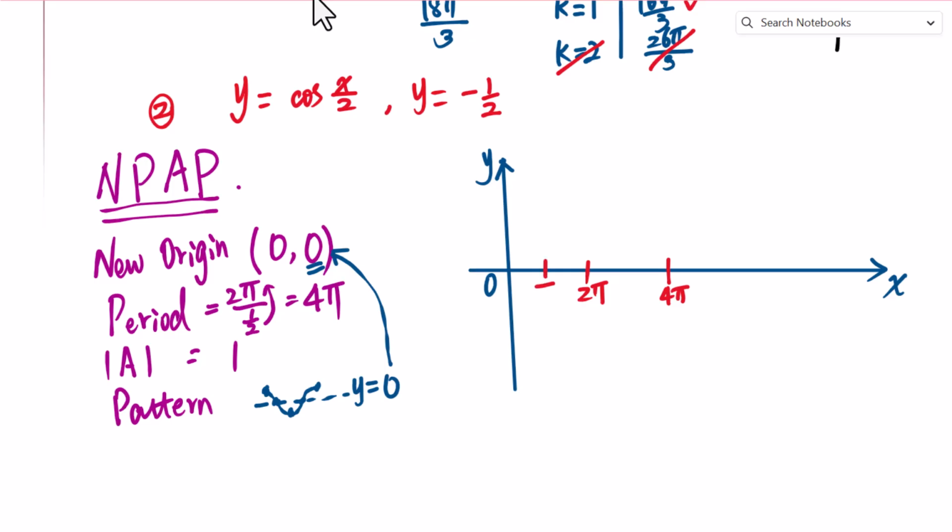Half again is pi. From this origin, look at the amplitude. Go up 1, down 1. Then you can draw this pattern. 1, 2, 3, 4, 5. We need to keep going because the domain is between 0 and 6 pi. This is 6 pi. Go down and down. Then sketch this graph.